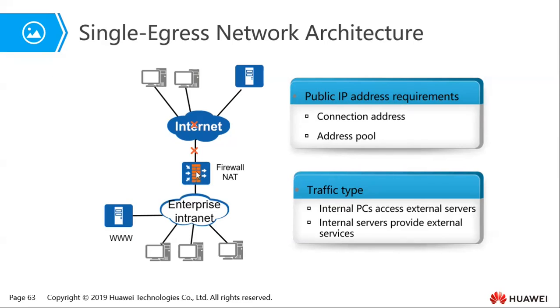If the firewall goes down, then again, you're not going to have internet connection. So that is the main problem with the single egress network architecture. It lacks redundancy, which is one of the major requirements of any network design. But for small-sized enterprises, these can work.